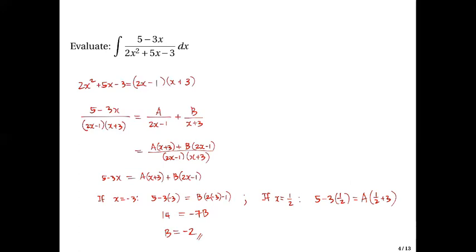So in here, you have 5 minus 3/2, this is equal to, in here you have a times 1/2 plus 3. So that will be 7/2. And then in here, this is actually 7/2, which means that a equals 1.